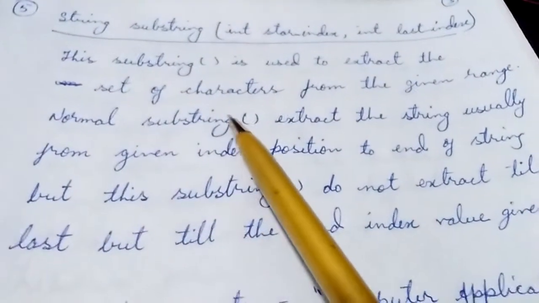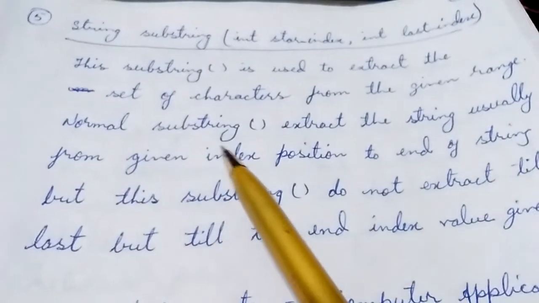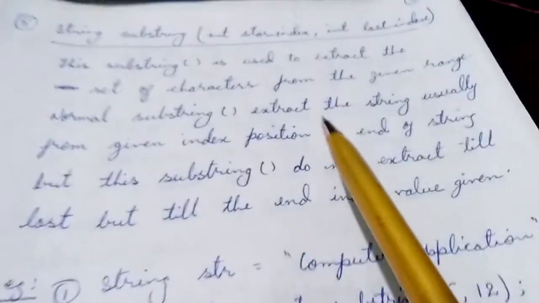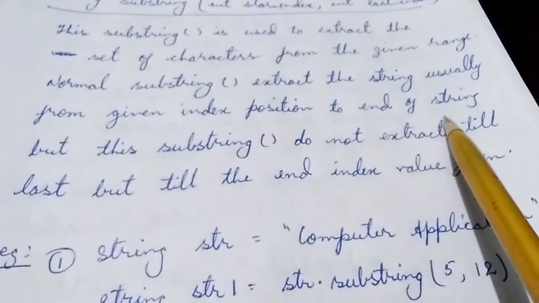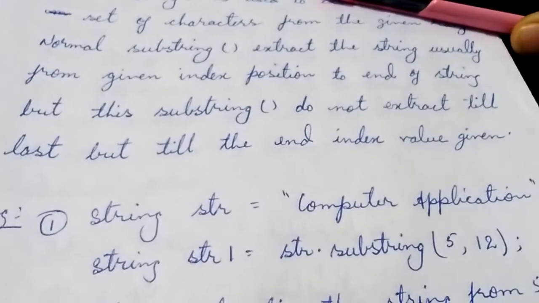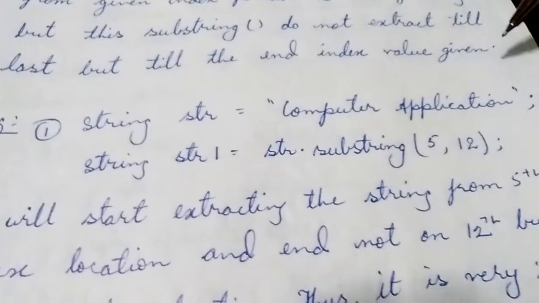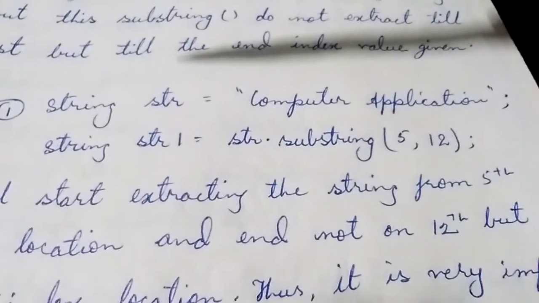Normally the substring function extracts the string from the given index position to the end of the string, but this substring does not extract till the last, but till the end of the index value given. Let us see the example.